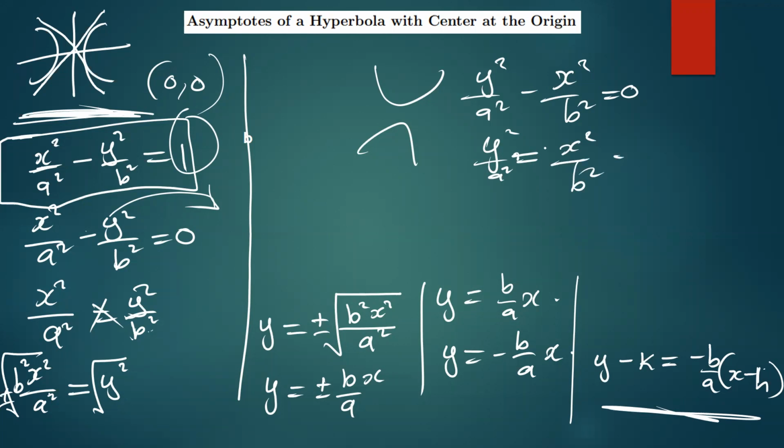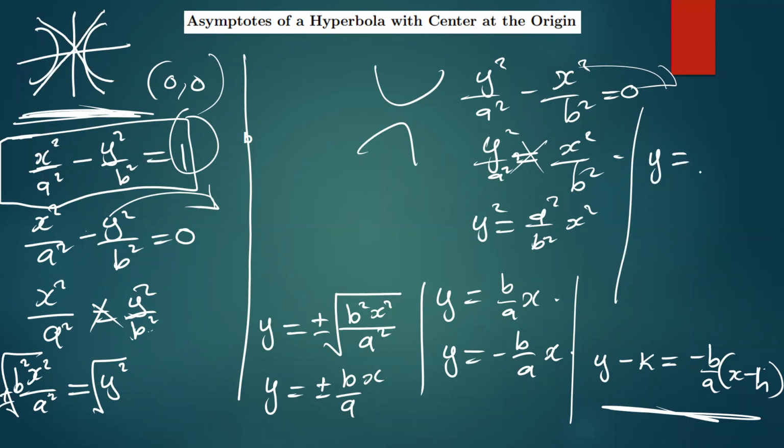You take this to the other side of the equal sign, then after cross multiplication you have y squared being equal to a squared over b squared times x squared. Then when you find the square root of both sides, you find y being equal to plus or minus a over b times x.